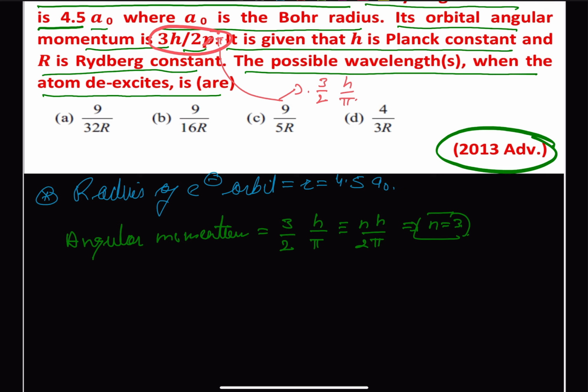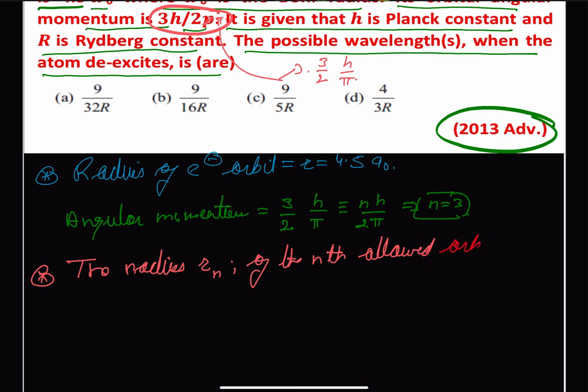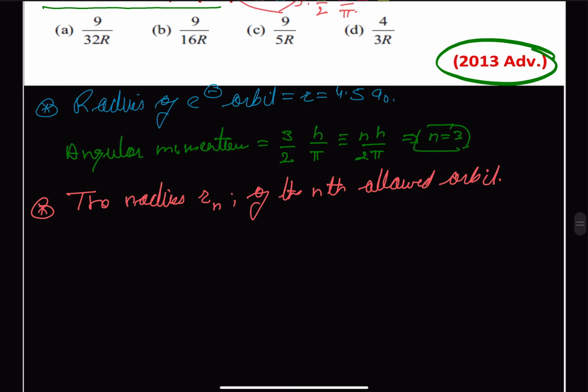And we also know that the radius r of n of the nth allowed orbit is proportional to n square upon z.